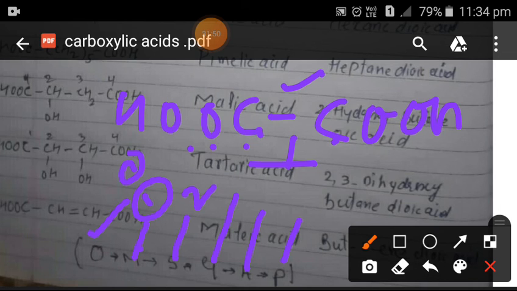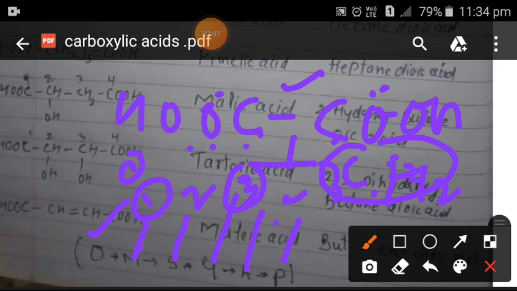Okay? Similarly, in glutaric acid there are three CH2 groups. Clear? Accordingly, in adipic acid there are four CH2 groups between these terminal carboxylic groups. Clear? And lastly, pimelic acid has five CH2 groups between these terminal carboxylic groups.